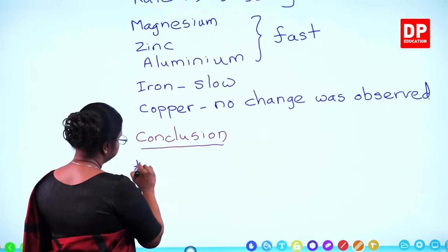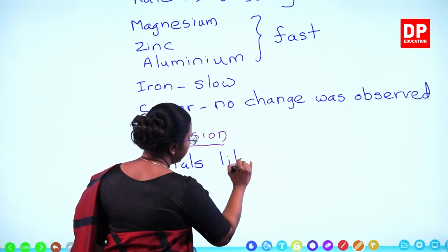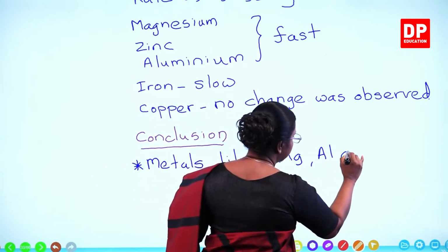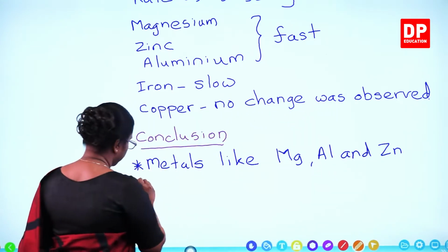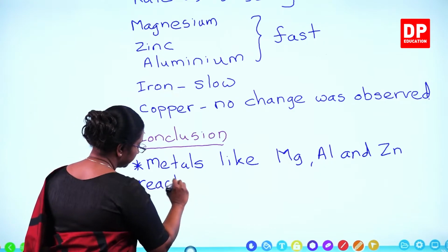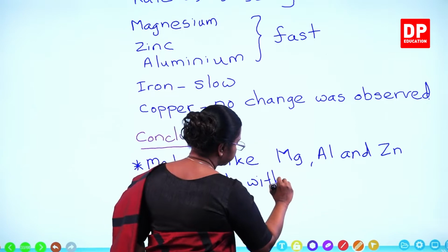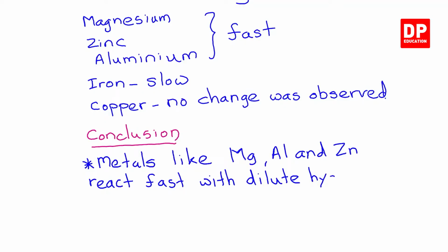Metals like magnesium, aluminium and zinc react fast with dilute hydrochloric acid.